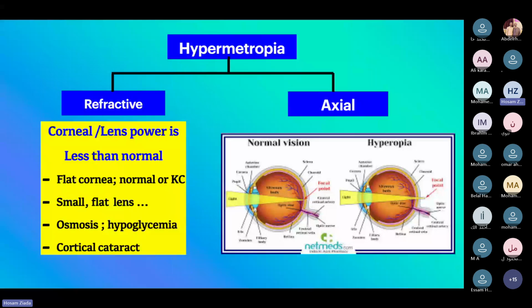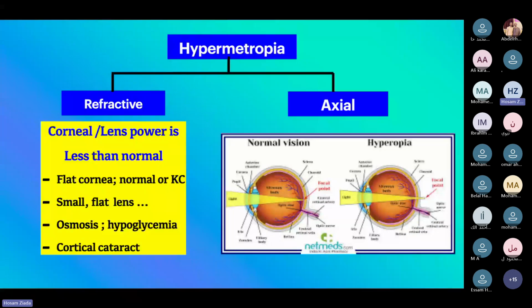Microphthalmia means that the axial length is very short, shorter than or equal to 19 millimeter. So you have to know a short eye is from 22 to 20. 19 or less is called a very short eye, or microphthalmia, which is a congenital anomaly and a very difficult situation to deal with.